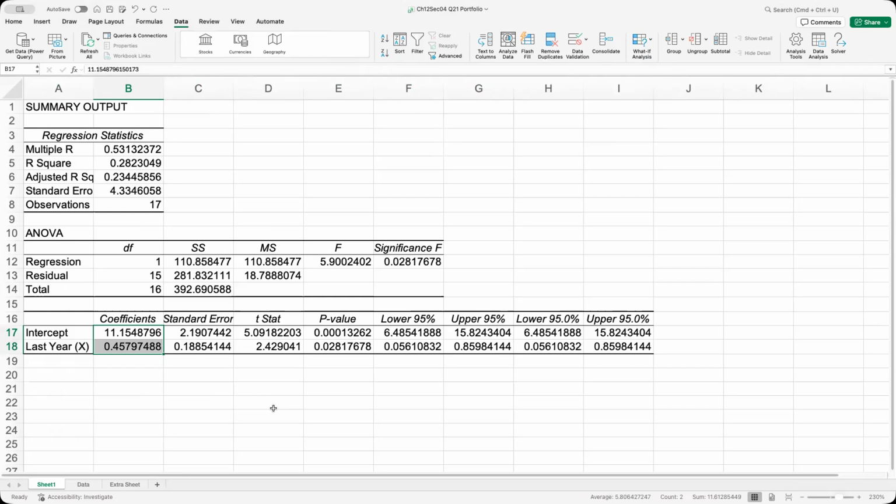Now, you'll notice I didn't generate the scatter plot. But what do you see at the top of this as I work my way up? We went from the regression itself, which is at the bottom, to the ANOVA, which is right above that. What's above that?